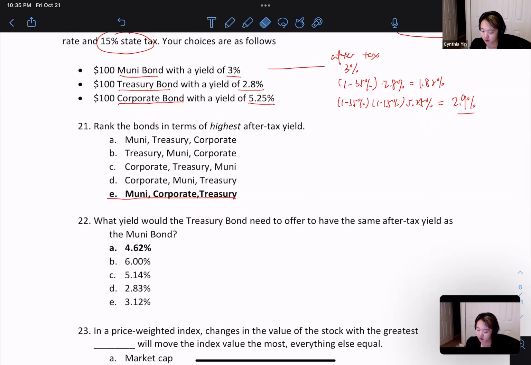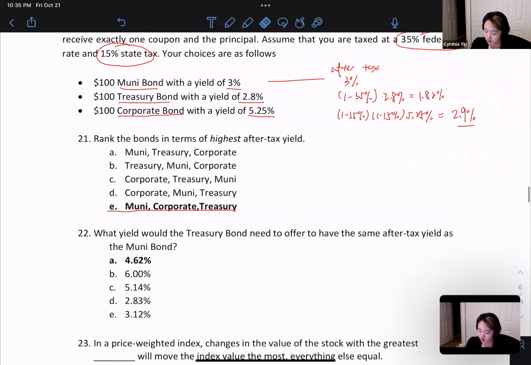Let's look at 22. What yield should the treasury bond need to offer to have the same after-tax yield as muni? Suppose you have RB and you want after-tax to be the same as muni. So you want RB times 1 minus 35% equals 3%.